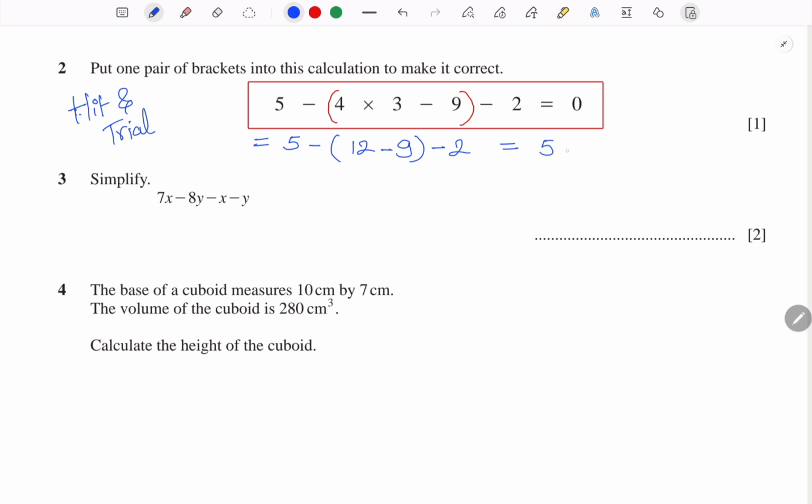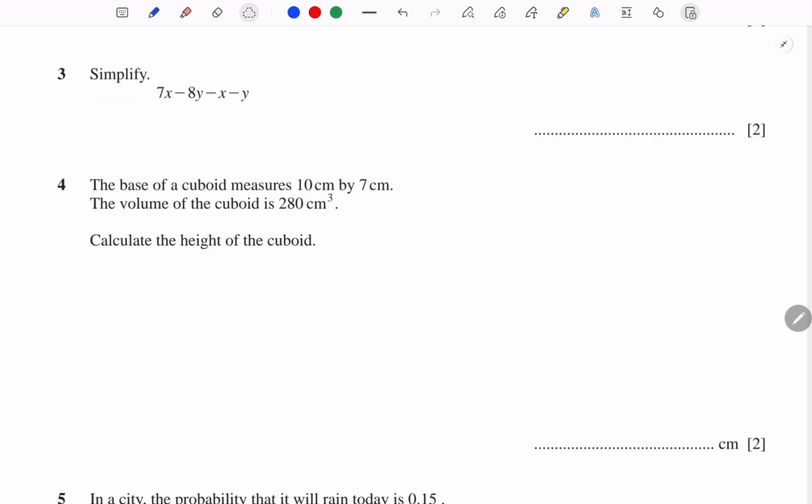This part, 5 minus 12 minus 9 will give you 3. Then you have minus 2. 5 minus 3 and 2, 5. 5 minus 5, 0. So this expression holds true if I place my brackets like this. Okay, so this is the solution for this question.